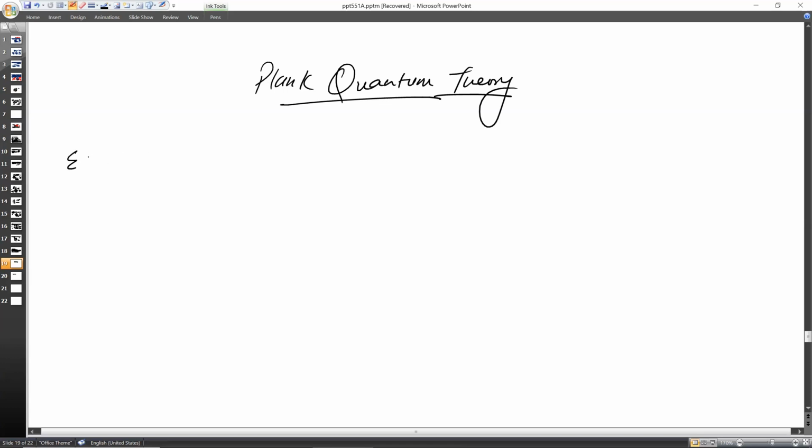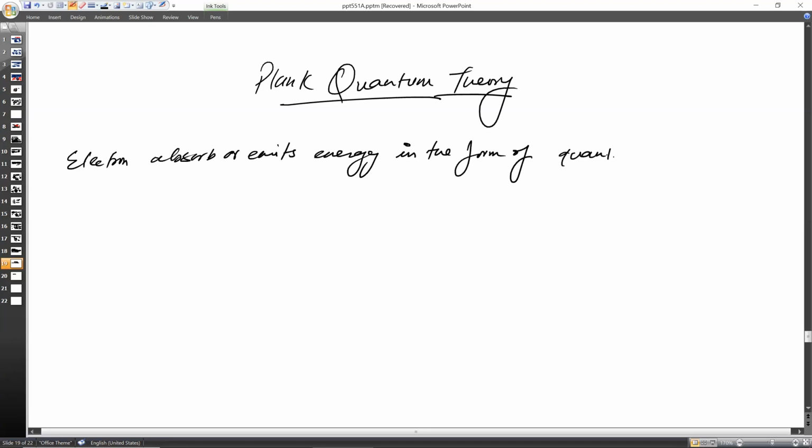Okay, so here you have to write that electrons absorb or emit energy in the form of quanta or photons.